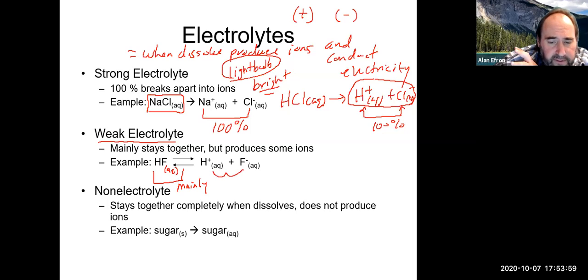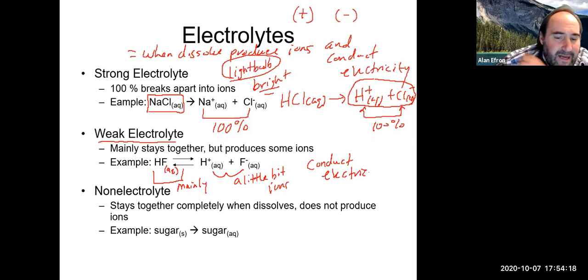But it will produce a little of these guys, so it'll produce a little bit of these ions. And because it's able to still produce a little bit of ions, it's able to conduct electricity, but not as well as a strong electrolyte. A strong electrolyte is a really good conductor of electricity.